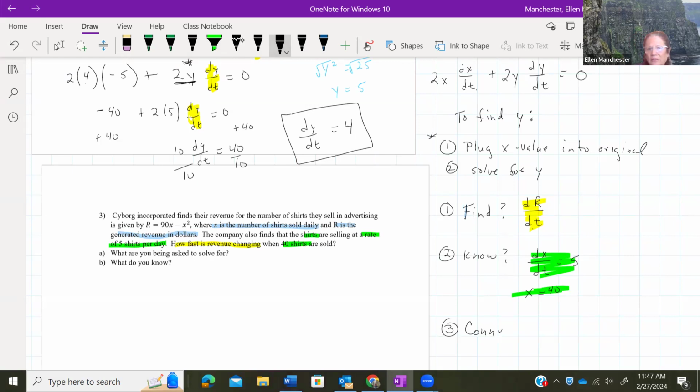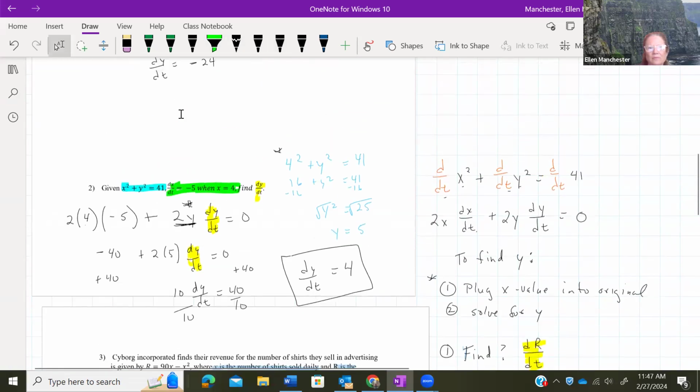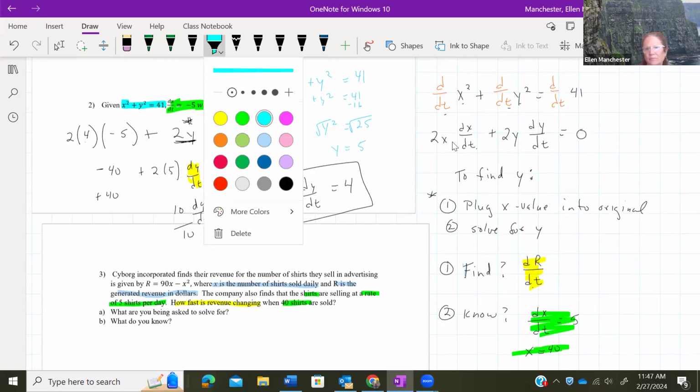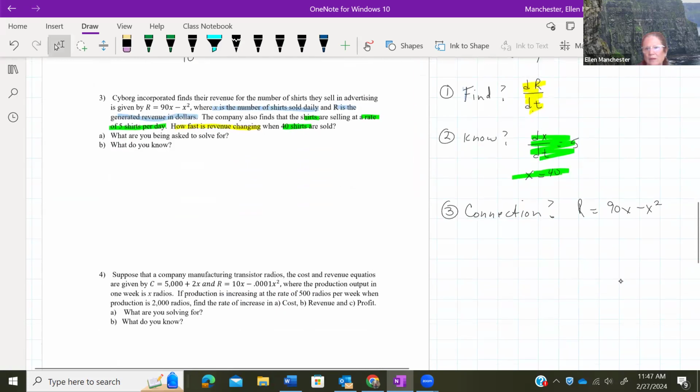And then the connection is my function. R equals 90x minus x squared. That's our connection. So there's our connection.